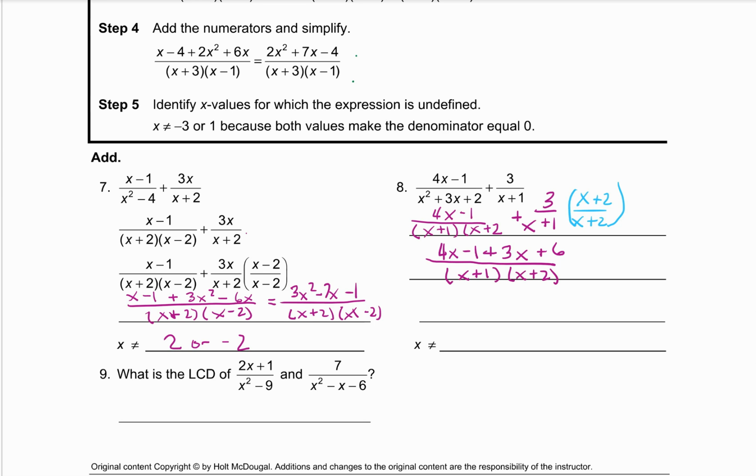Combine like terms, 4x and 3x is 7x, negative 1 and positive 6 is positive 5, and that is again over x plus 1 times x plus 2. So x can't be negative 1 or negative 2.